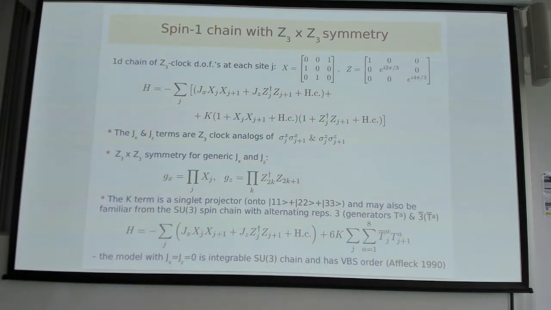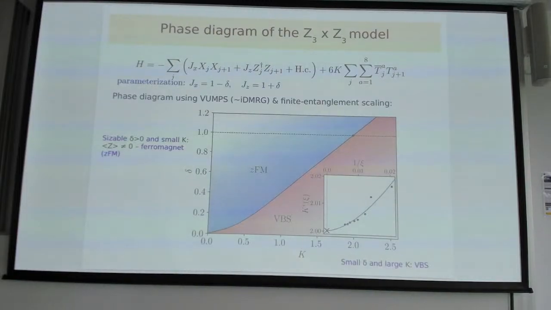And this nearest neighbor SU3 chain is known to be in the valence bond solid phase. It's an exactly solvable integrable model. It's in the VBS phase. So when we play the same game, the competition between the J-term and K-term drives a transition from a ferromagnet where Z obtains an expectation value to a valence bond solid where we develop translational symmetry breaking.